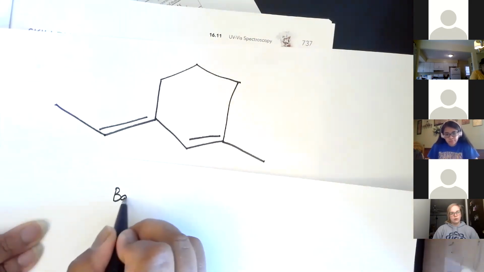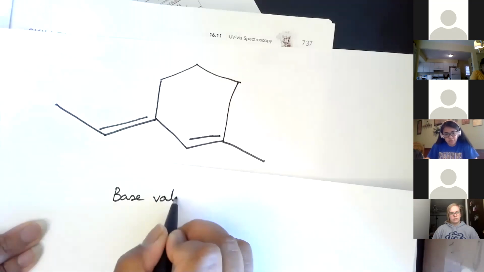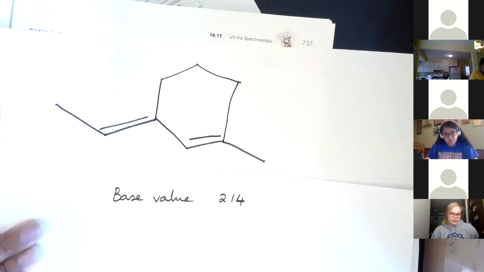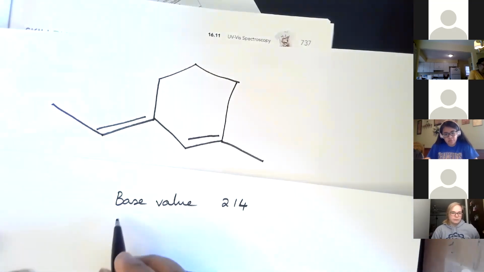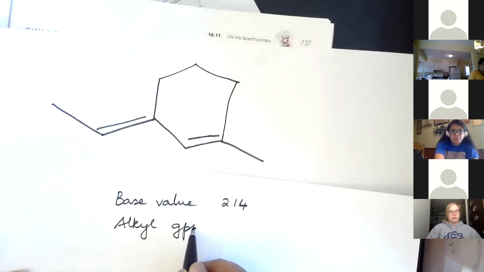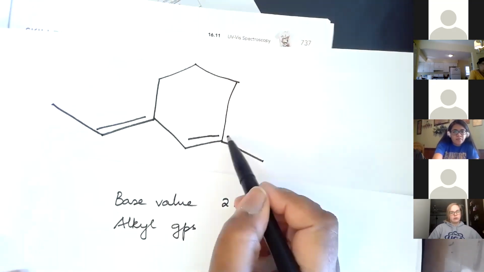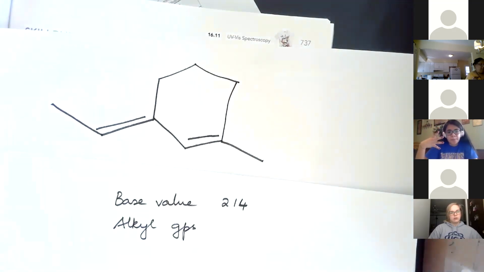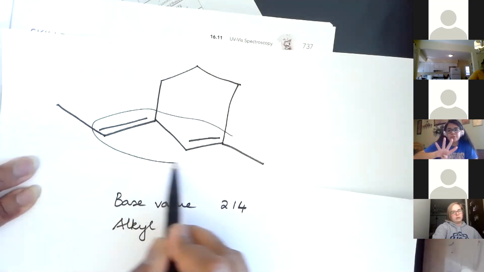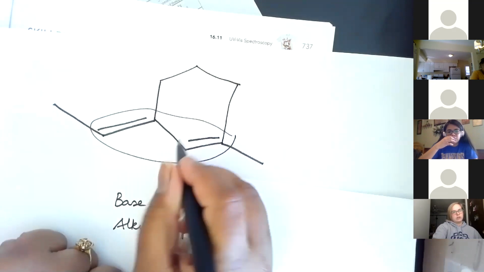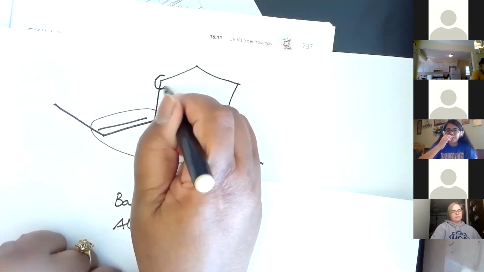What's the base value? She says 217, or 214. And then how many alkyl groups? You're going to have 1, 2, 3, 4. Which ones are you considering? Is it 4 or 5? Those two that you circled, or those two that you pointed out. That's the base unit.